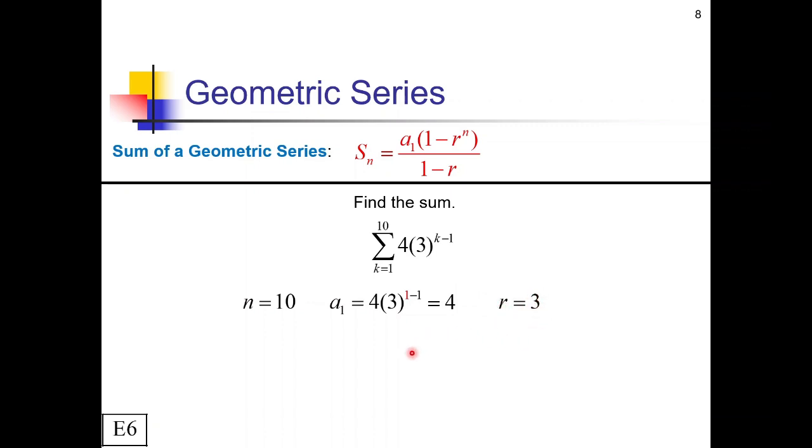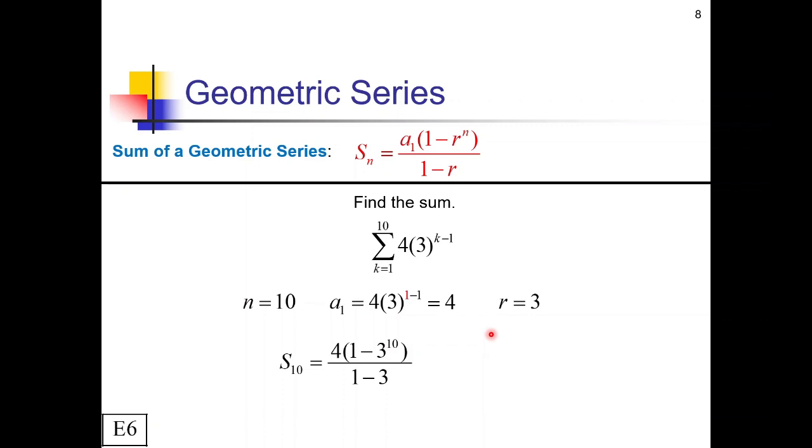So plugging all this in, the sum of our first 10 terms, we're going to have our a1 of 4 times 1 minus r, so 1 minus 3 to the 10th power, all of that over 1 minus the r value 3. And for this, just because of the size of the numbers involved, most of the time we are going to need to use some kind of calculator in order to get the final answer.